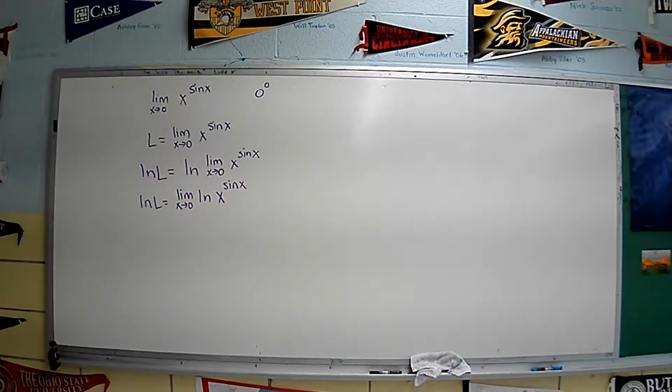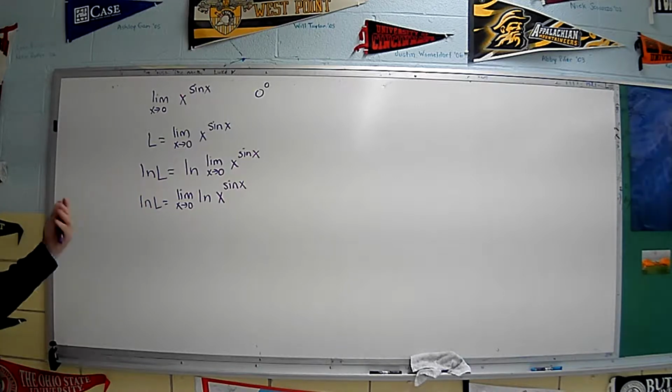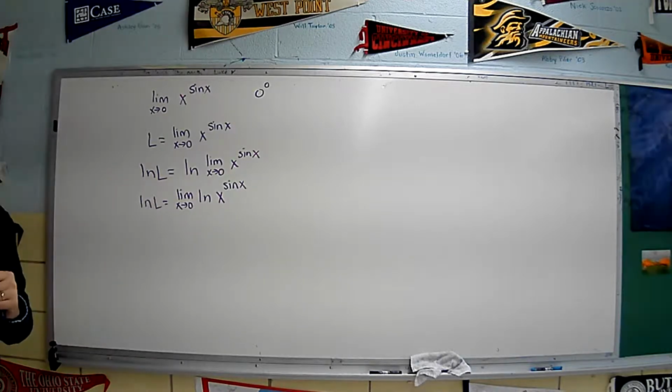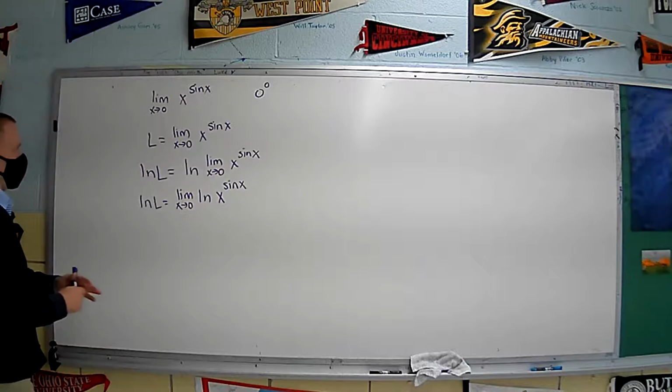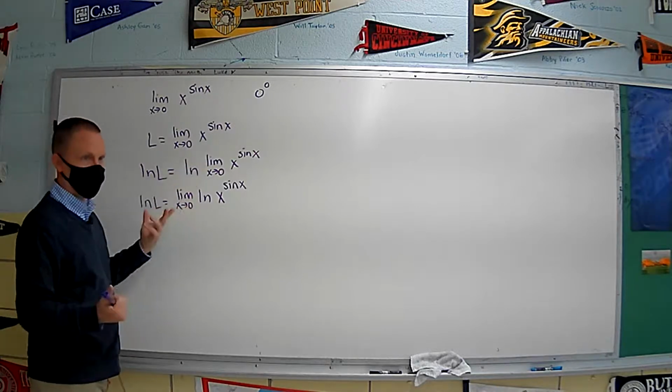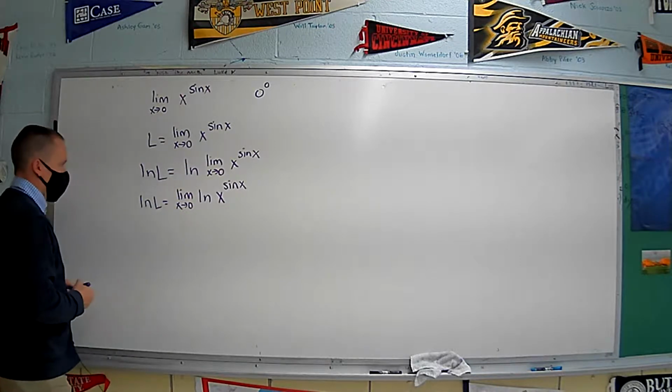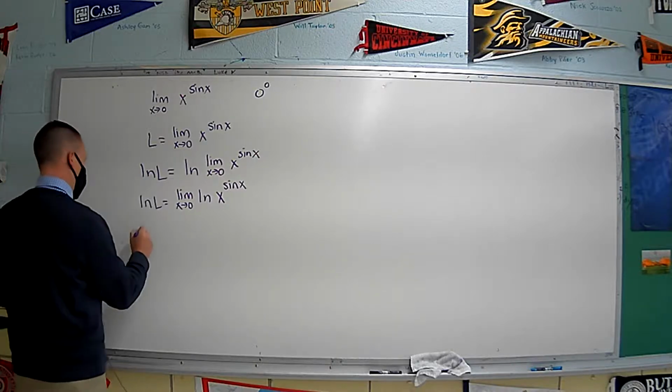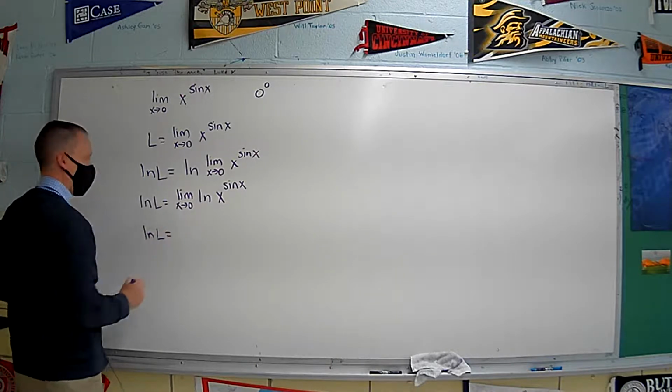You could probably see that if you stepped aside from this problem and evaluated that limit, you could see how they would be equivalent. If you thought about it this way and this way, you could see that they're going to be the same. All right. Now what's our next step?